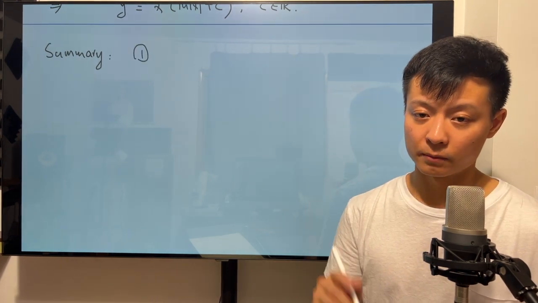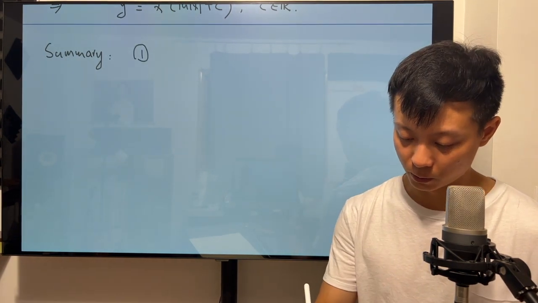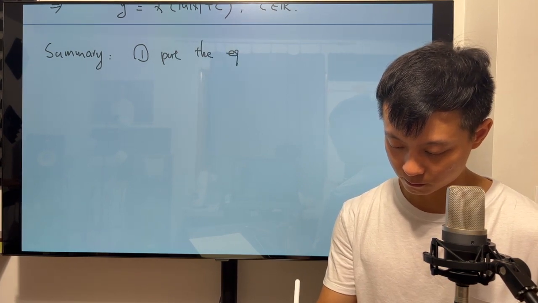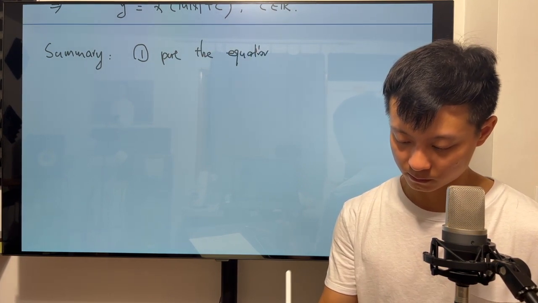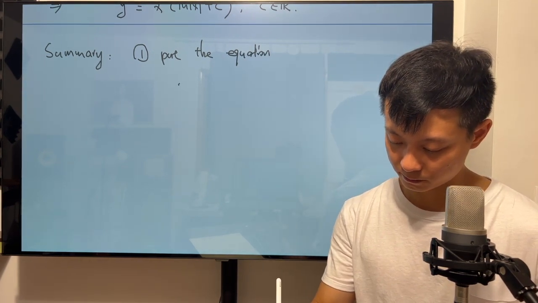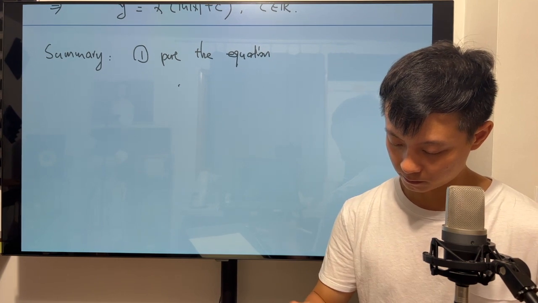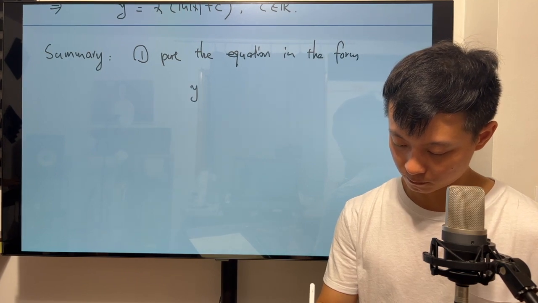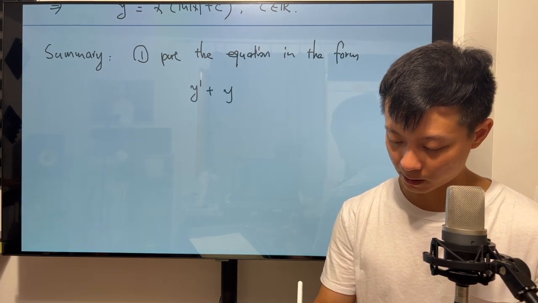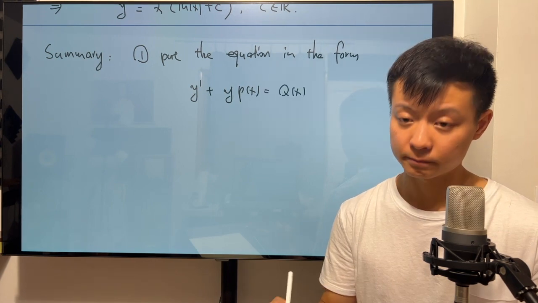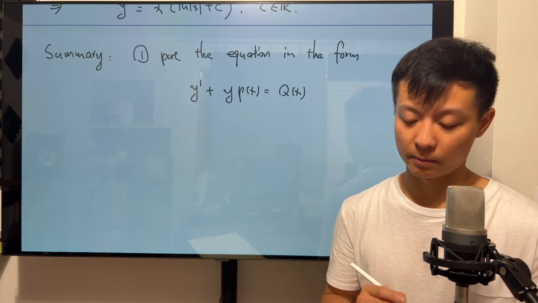The first step to solve it is to put the equation in the standard form, which is y prime plus y times p of x equals q of x, which we did in that example.